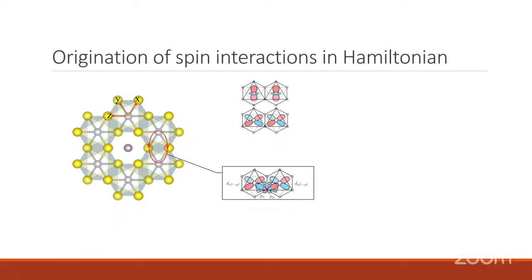However, for the indirect hopping, we need to consider the orientation of the axes, and how the orbitals align with the x, y, and z axes in the system. So one possible hopping through the ligand would be the x²−y² orbital through py.